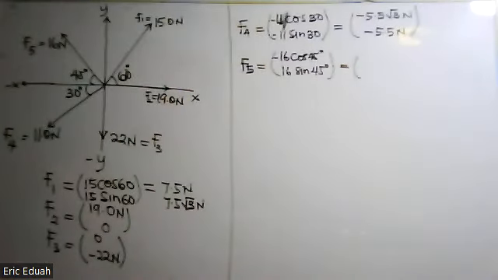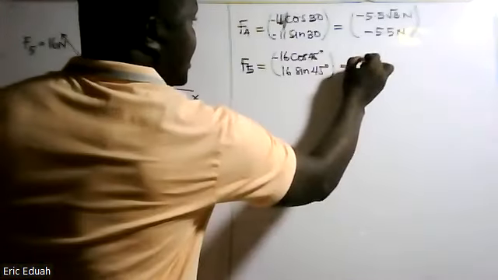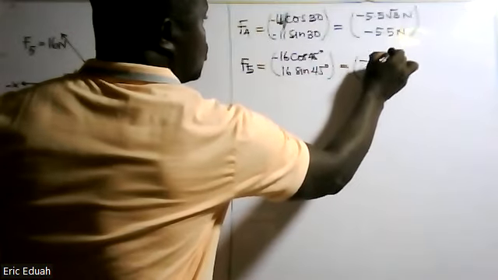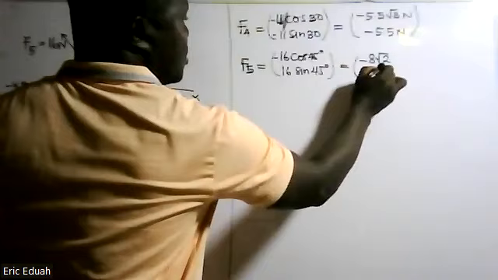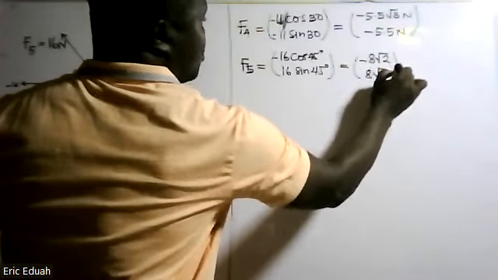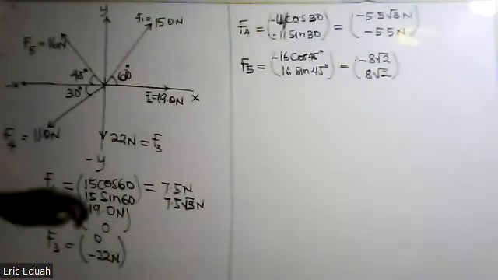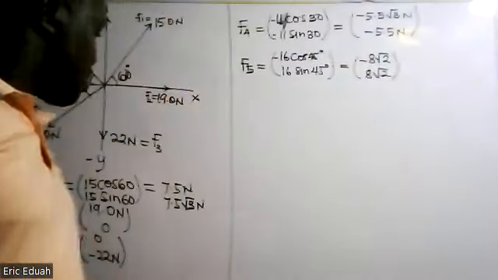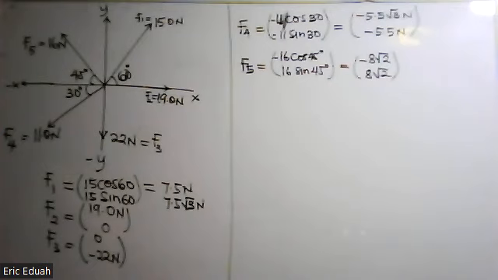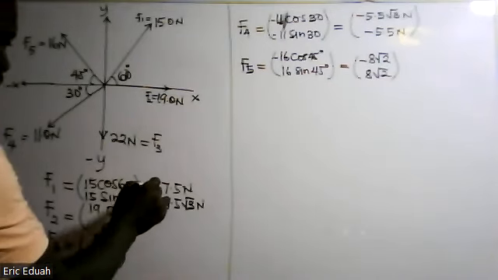Cos 45 is root 2 on 2. So minus 8 root 2, then this will be 8 root 2, which will be positive. But please give me these values in decimals, because at the end of it, you are going to sum everything up. So let's have them in decimals.